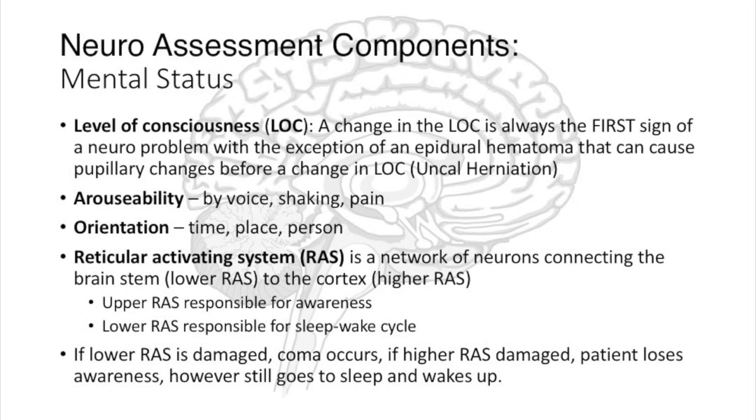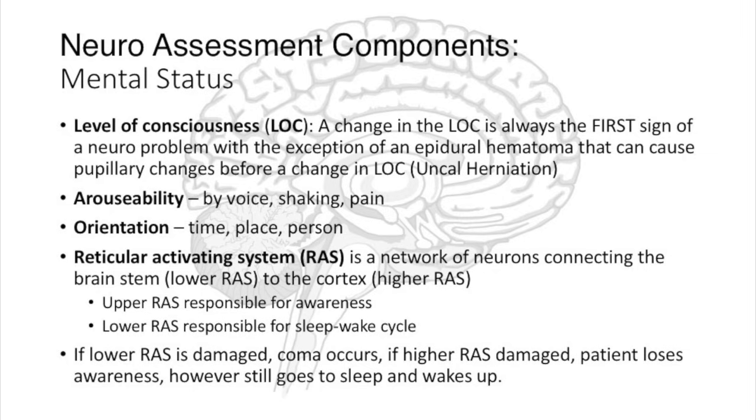Which cranial nerve? It's cranial nerve number 3, not number 2. So this is the uncal herniation. That's the only exception. All other examples include the level of consciousness being the first change that we notice.